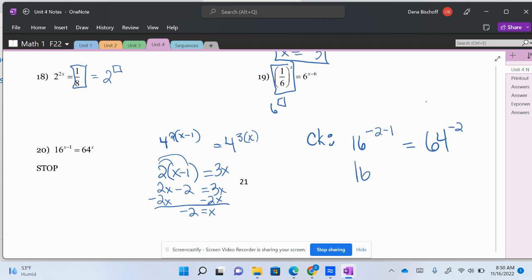Someone puts, what does this become? What is negative 2 minus 1? So someone put 16 to the power of negative 3 in their calculator, and someone put 64 to the power of negative 2 in their calculator. What do we get? What'd you get? Turn it into a fraction. Hit your fraction button.